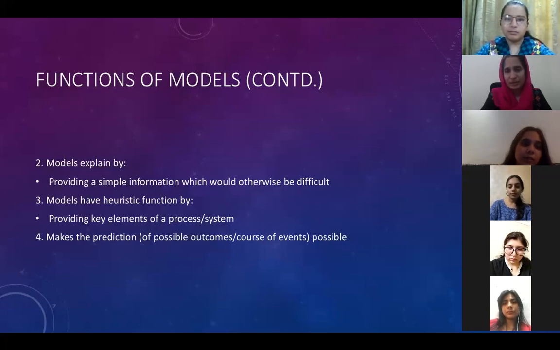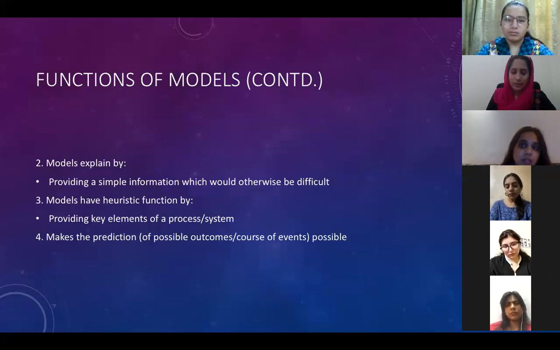Ma'am, example A. And what is an example A? Providing simple information which would otherwise be difficult. Is it a model? Yes, ma'am, it is a model.